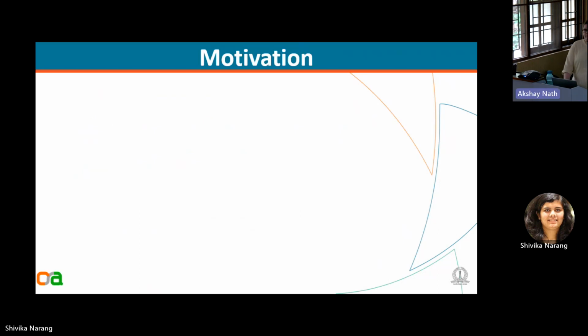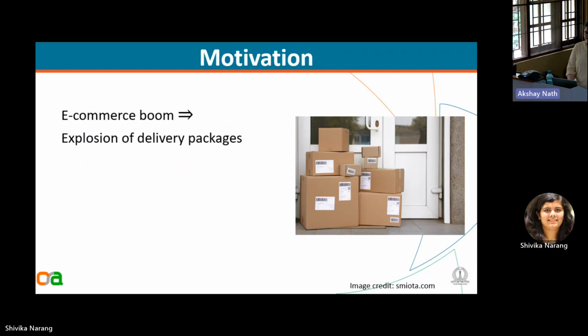So why do we care about this specifically? Now, I'm sure all of you know you can buy anything off the internet. And if you can buy anything off the internet, people do. And because of that, inside and on our doorsteps, the amount of delivery packages is overflowing.